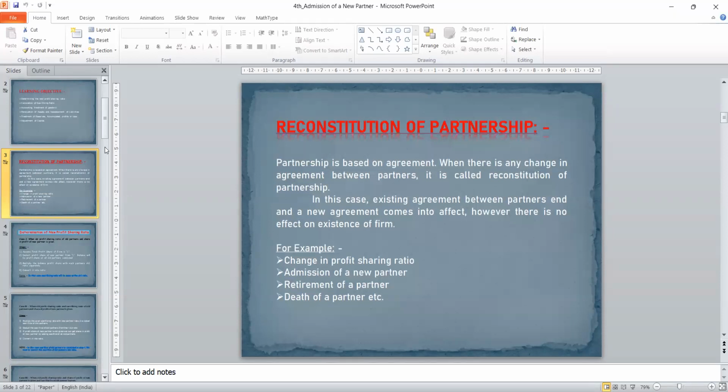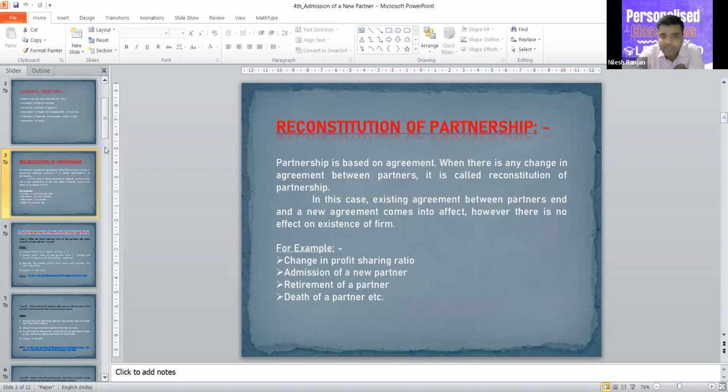You can see here in this case, the existing agreement between partners ends and a new agreement comes into effect. However, there is no effect on the existence of the firm. The old agreement is removed from the business and the new one comes into effect, but it will not change the situation of the firm.